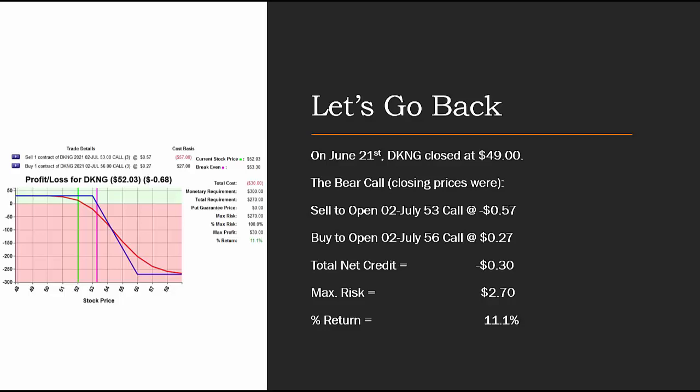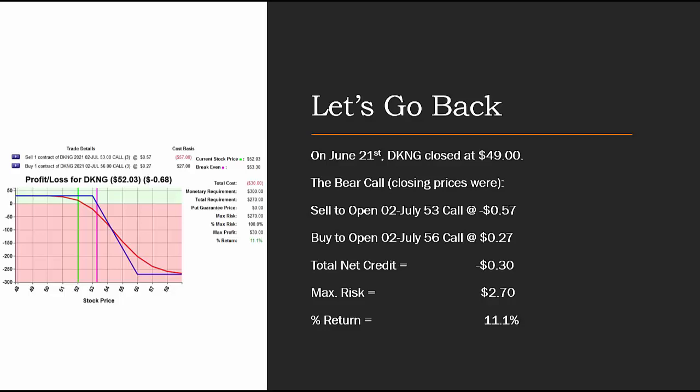We'd receive a net credit into our account immediately of 30 cents per contract times 100, and the maximum risk in our 3-point spread, difference in strikes of 3 points minus our net credit, is $2.70. This would give us a potential return of 11.1% as long as the stock stayed below $53 per share, July 2nd expiration, and both calls expire worthless.